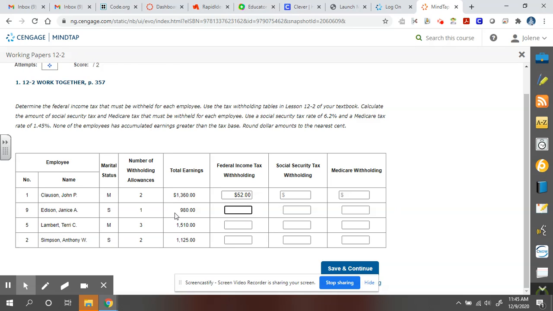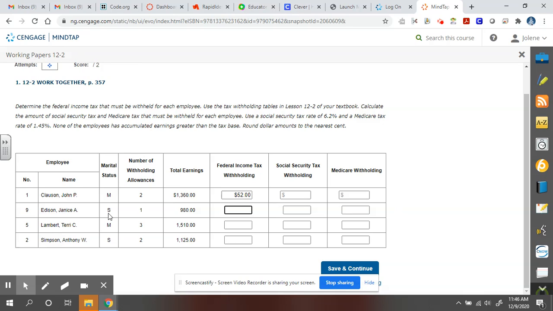Now we're going to try the next one. We're going to find the range. Janice made $980, but Janice is single. So you got to go to the chart that's on page 353. Look up at the top, and in bold it says single. This is a single chart. And so you have to find the range where her $980 falls in.